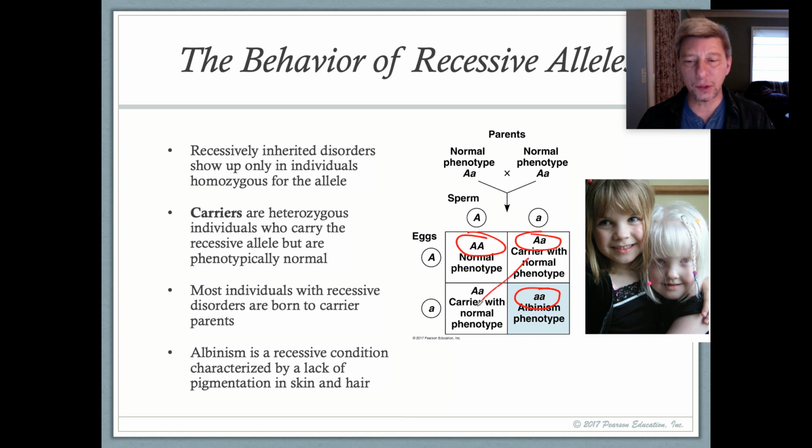But these two individuals are both what we call carriers, because even though they show the dominant phenotype, they carry the recessive allele, and so they are called carriers. And again, albinism is an example of a trait that can be carried recessively in somebody who shows the dominant phenotype.